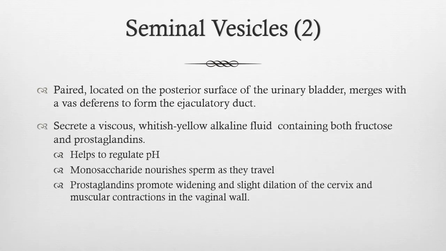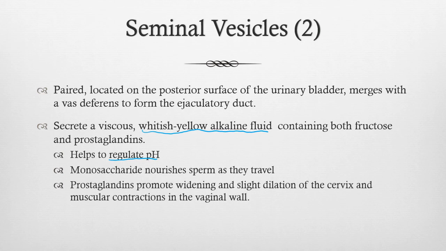So the seminal vesicles produce the largest amount of fluid for the seminal fluid. This produces a whitish, yellowish, rather alkaline type of fluid. This is again going to regulate the pH, both potentially in the urethra and then in the female as well, through the vaginal canal and then into the uterus.